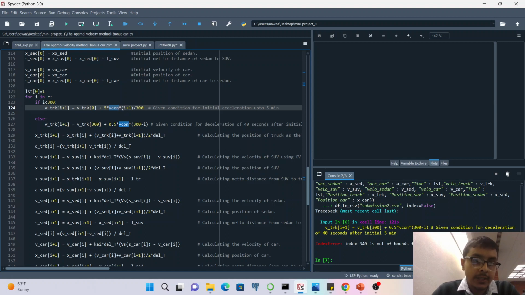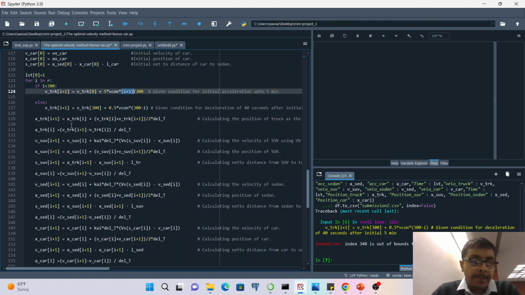As my friend already told, i plus 1 is the time factor that is constantly updated in this loop. Similarly here we have the previous velocity, at the peak point when the time is 5 minutes or 300 seconds, and then after that we constantly update the value of the velocity of the truck in the v underscore trk array.